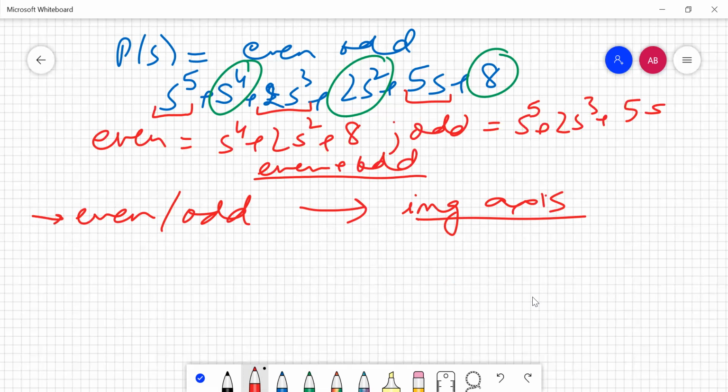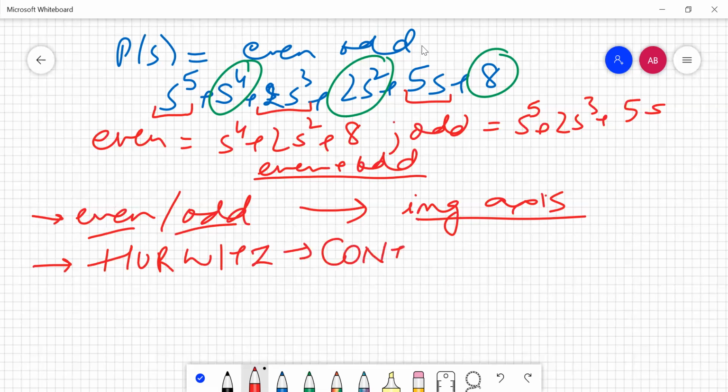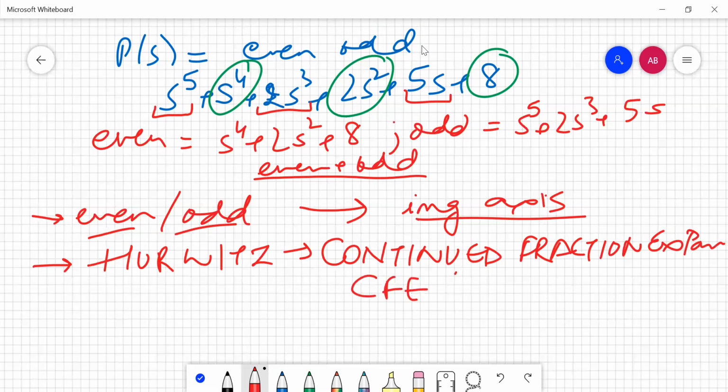So basically, whatever the polynomial, the main criterion with which we determine whether a given polynomial is Hurwitz or not is using continued fraction expansion. In short it is also known as CFE, and the other name of CFE is Euclid's algorithm.